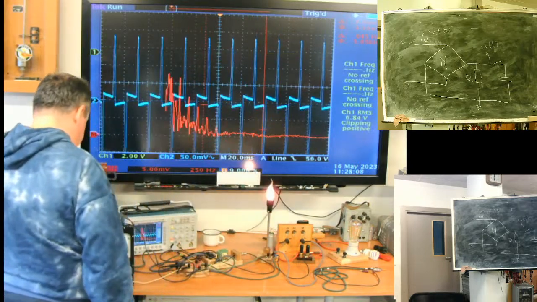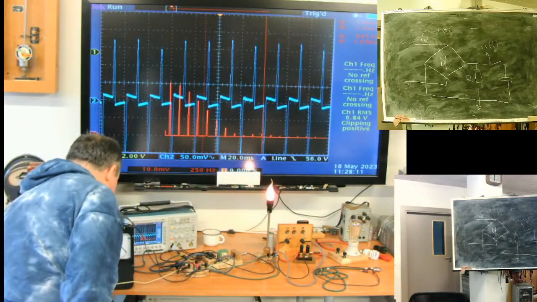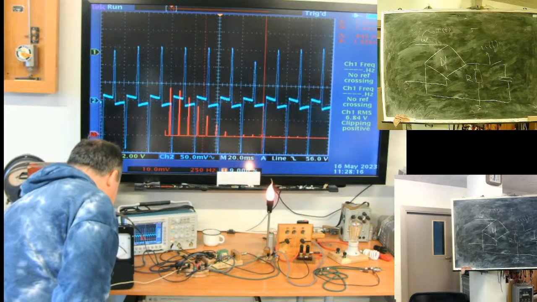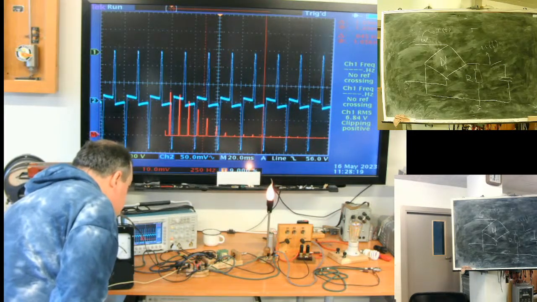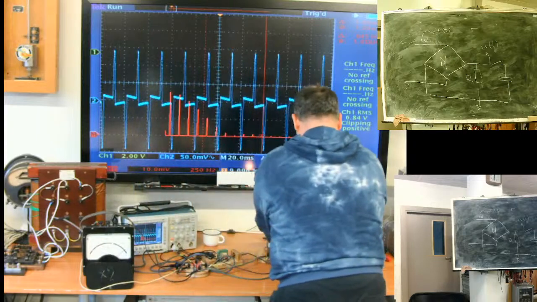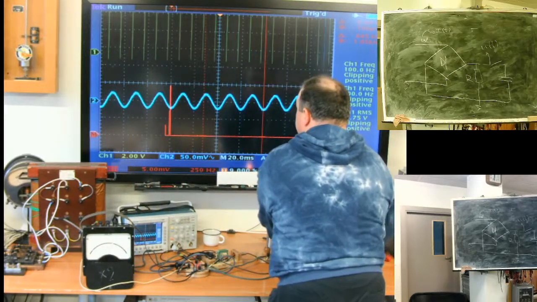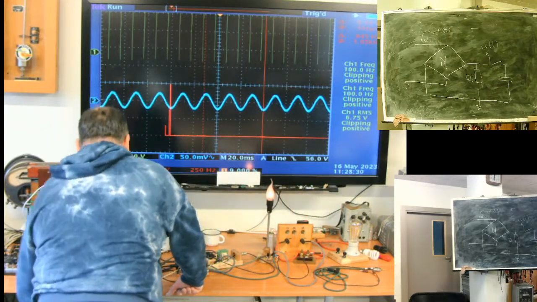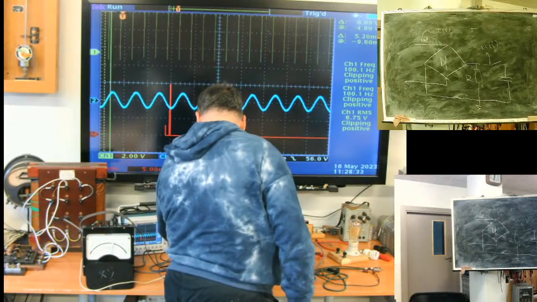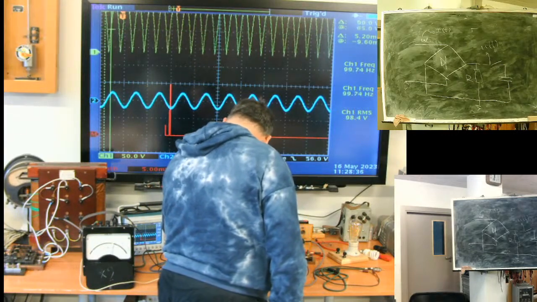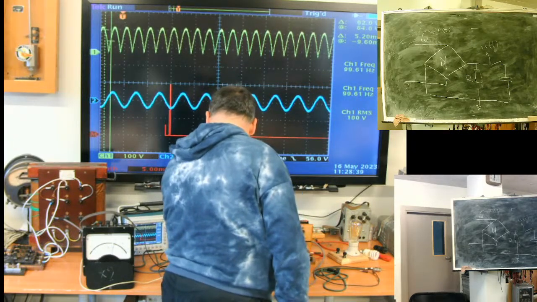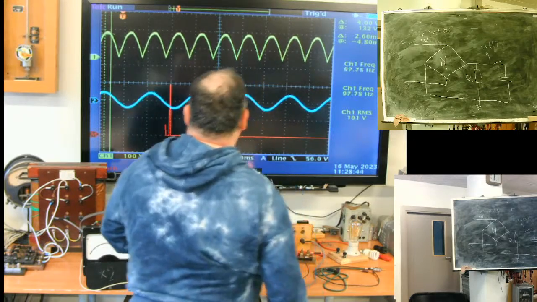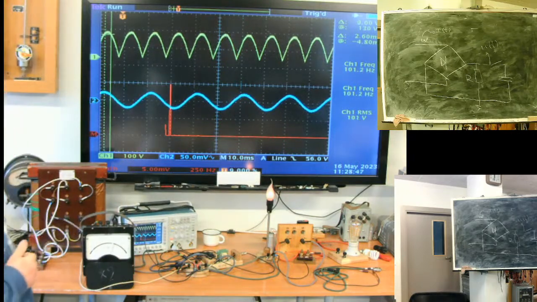Yeah, this goes here. Something like this, 100 volts. Yeah, I got my network.